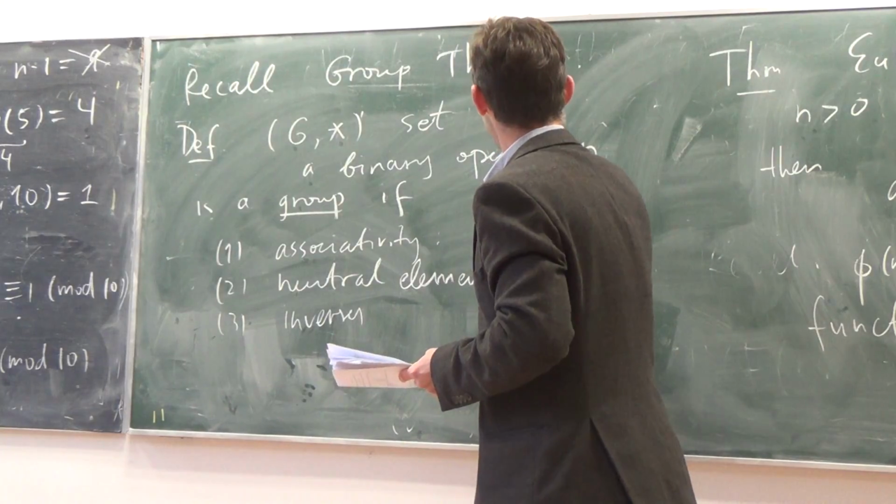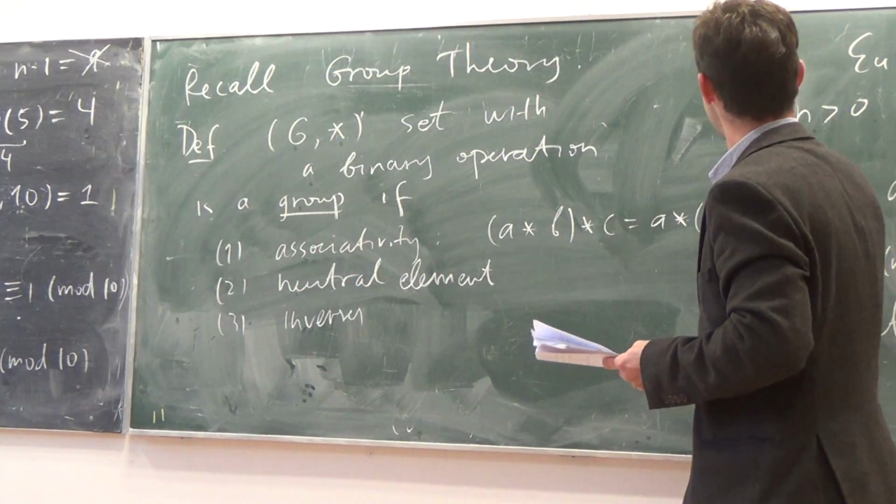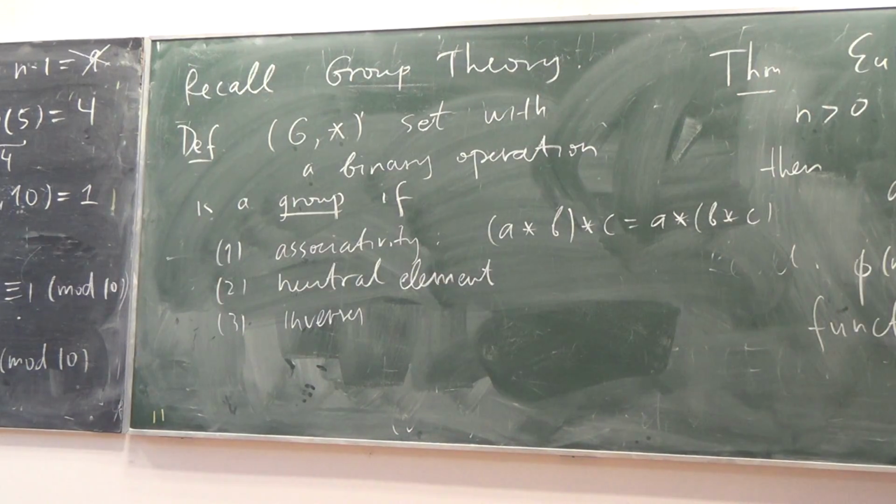So associativity means that (A star B) star C is A star (B star C), so it doesn't matter which way I open up the brackets.